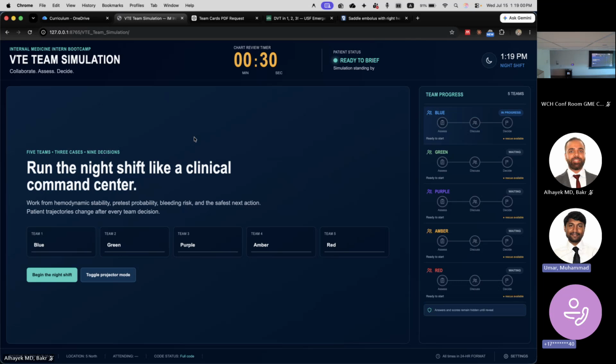So basically, it will give you a simulated scenario where you're on a night shift and you have a page about a patient, etc. All right, so I think we have the cards here, if you see them. Those are the teams. We have team purple, amber, blue, red, and green.